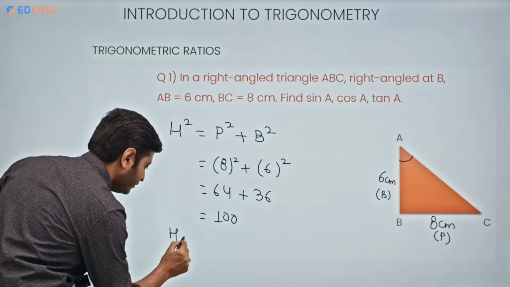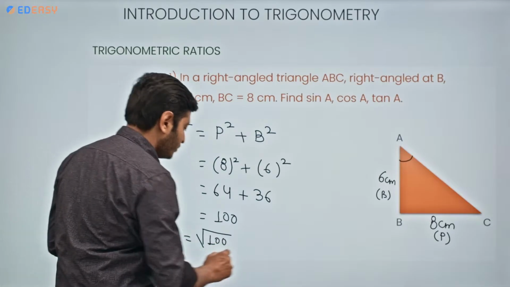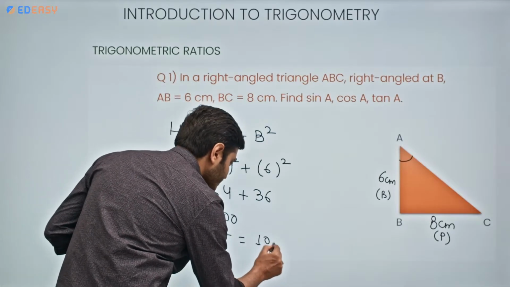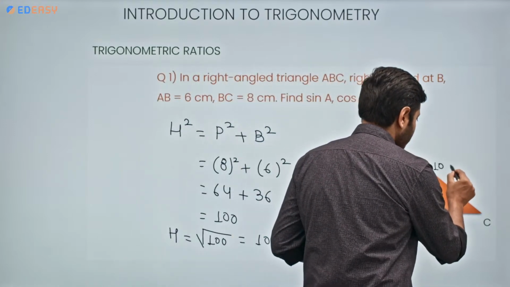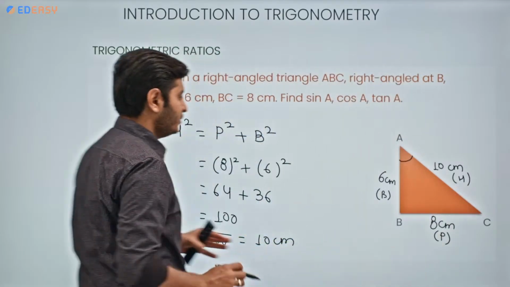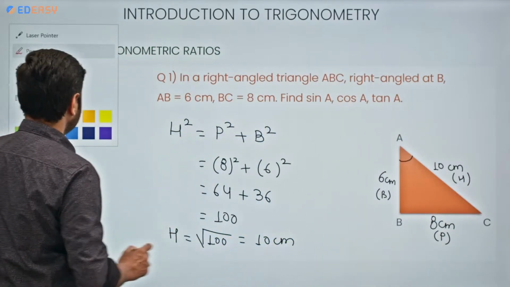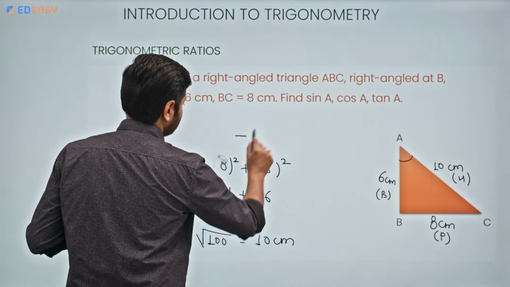Then what is the value of h? Under root 100. Do we know the value of root 100? Yes, 10 centimeter. So the hypotenuse is 10 centimeter. Now we know everything, correct? Now we can easily find the ratios.